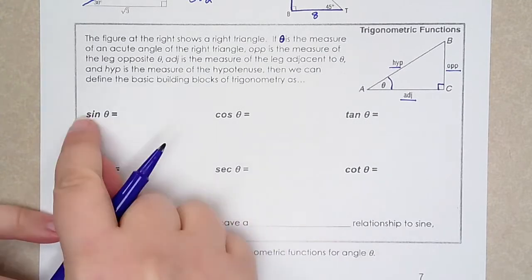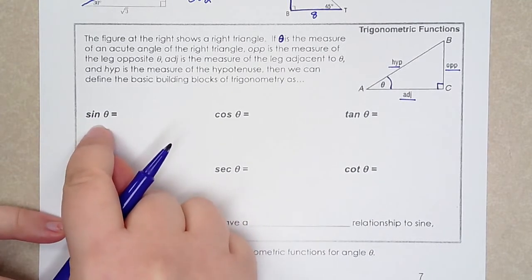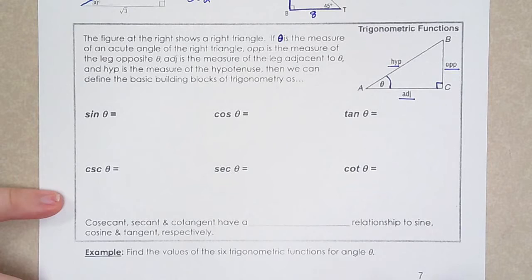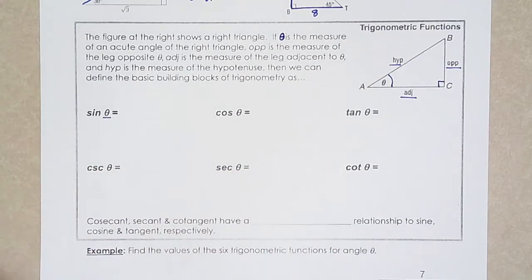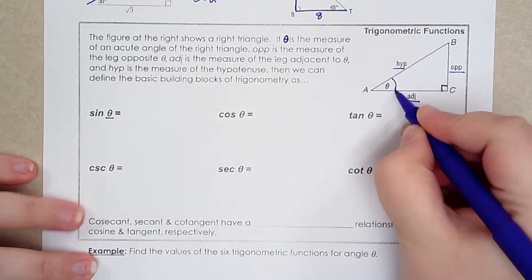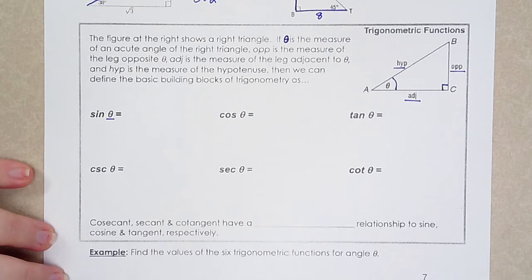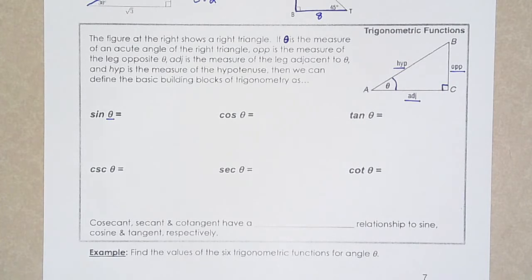The first one is sine, S-I-N, theta. And we have to be really careful. When we're working with our trigonometric functions, we always need to include theta, or the angle that we are talking about. We have to be specific. If we don't have that, it's like an incomplete equation. Something will be missing.